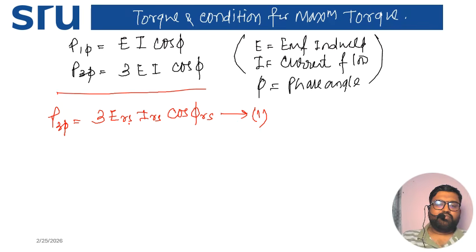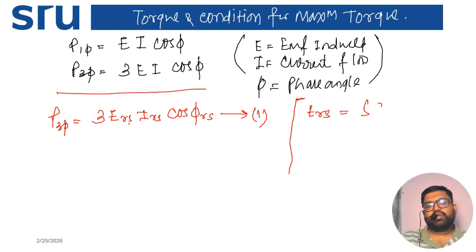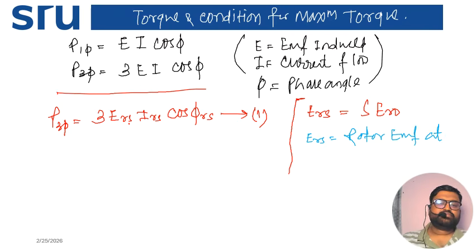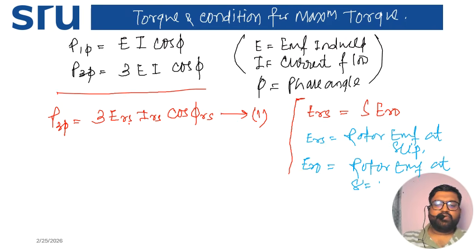Now one point we have to discuss: ERS, the rotor EMF at slip S. We already discussed that ERS is equal to S into ER0, where ER0 is the rotor EMF at slip equal to 0.